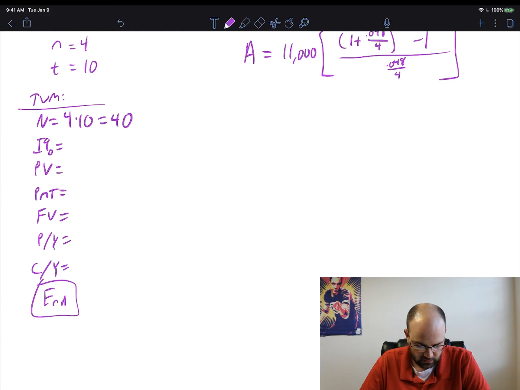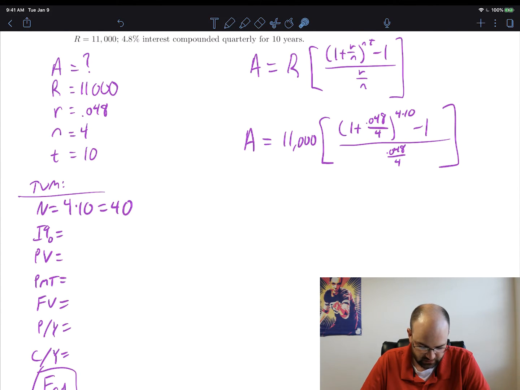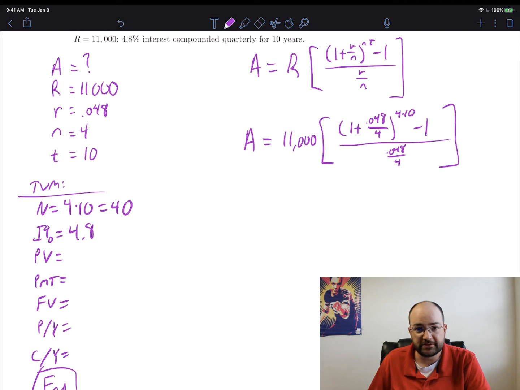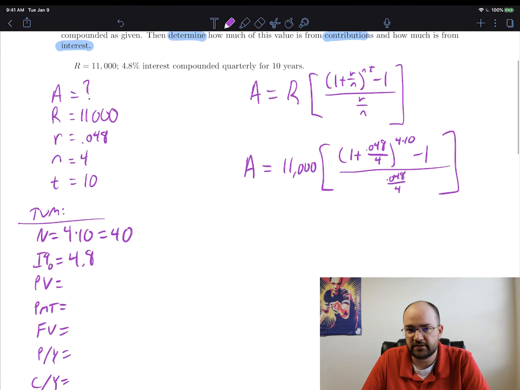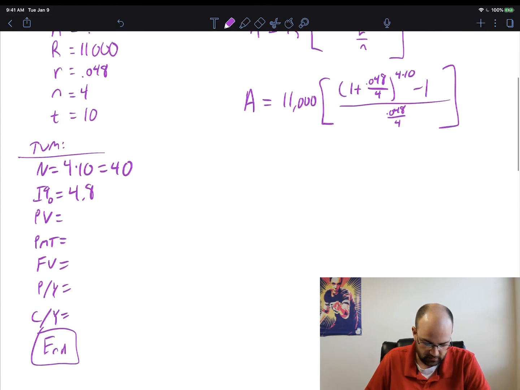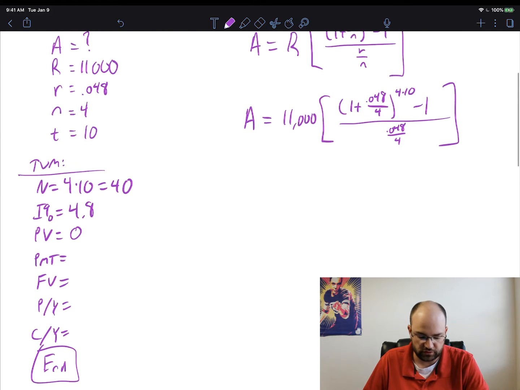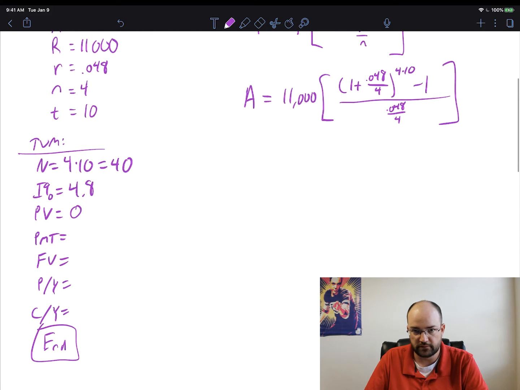I% is the actual interest rate, which is 4.8%. PV is the present value. Because we don't have anything in the bank to begin with, PV will be 0. PMT is the revenue stream, or in other words, the payments over time, and that for us is going to be 11,000.